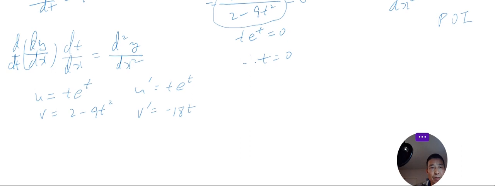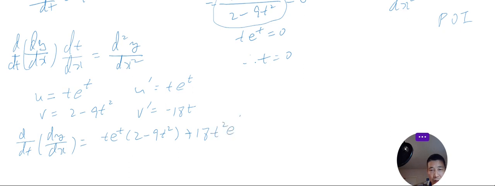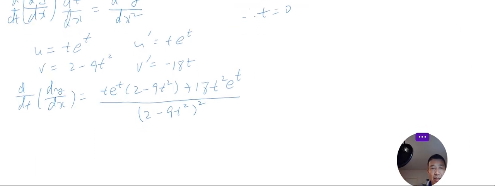Okay, so therefore d/dt of dy/dx equals, for u prime, which is t e to the power of t, times 2 minus 9t squared, minus u v prime, which is 18t squared e to the power of t, over v squared, which is 2 minus 9t squared, squared, isn't it? Right, that's not it.